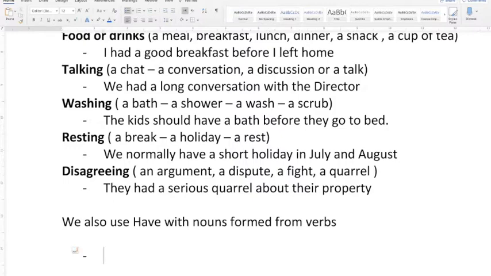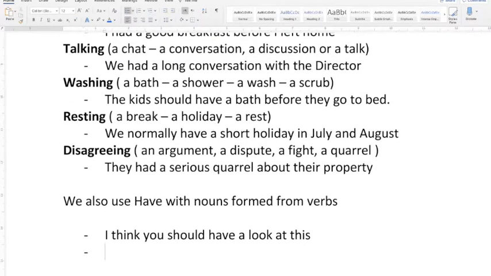For example, I think you should have a look at this. Have a look, as you can see. That is the lexical verb.